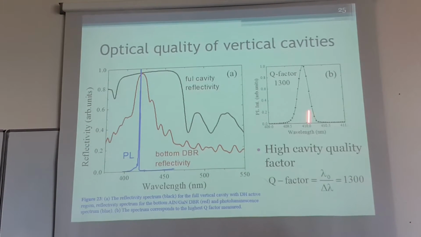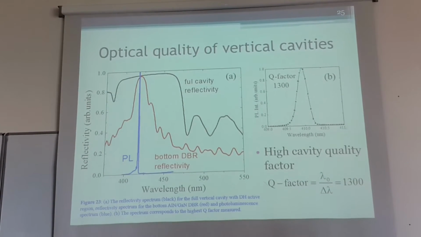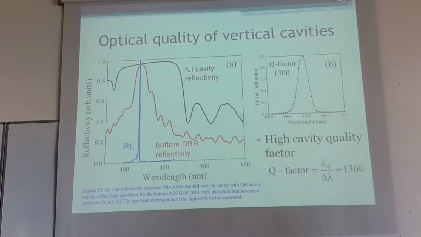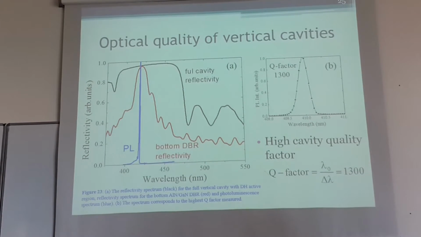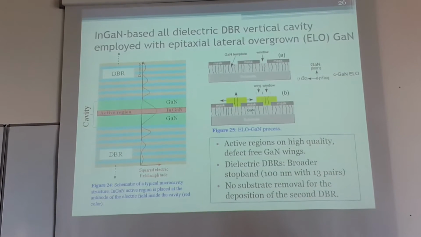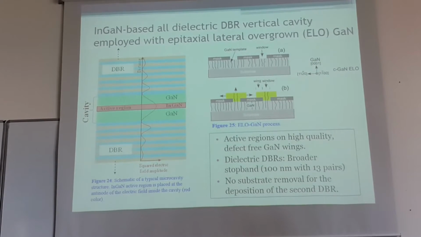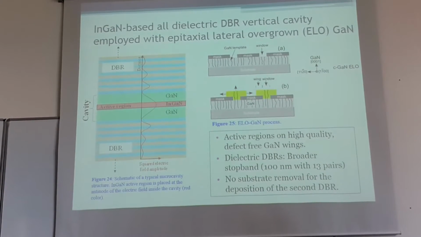Q factor is the designed wavelength versus the full width at half maximum. However, not all of the samples behave this way because of the non-uniformity of aluminum nitride, gallium nitride DBRs. So our goal was to use dielectric DBRs, which are easier and have better performance compared to aluminum nitride, gallium nitride.